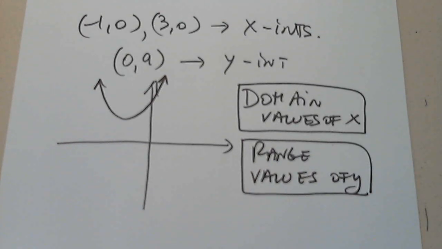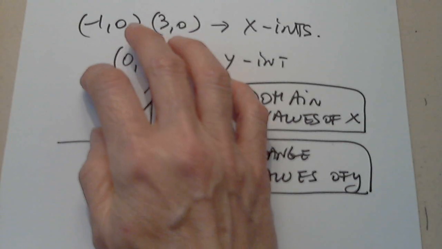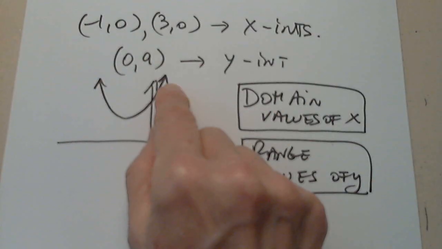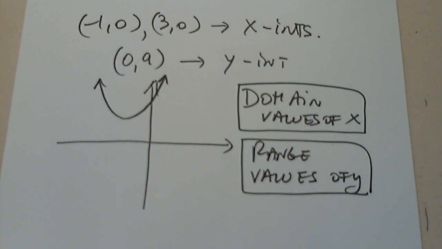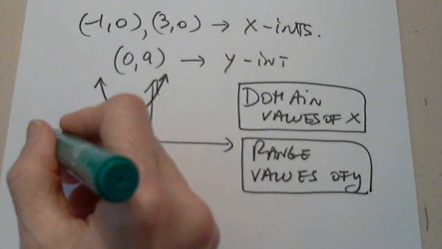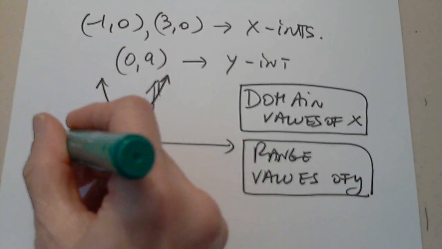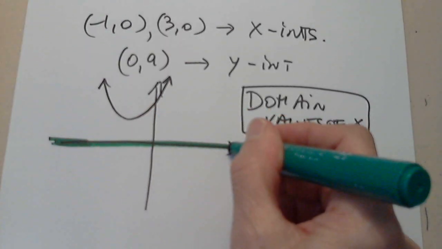So let's start with values of x, with the domain. Notice that the graph goes on forever, according to this arrow and this arrow. The domain is read on the x-axis.